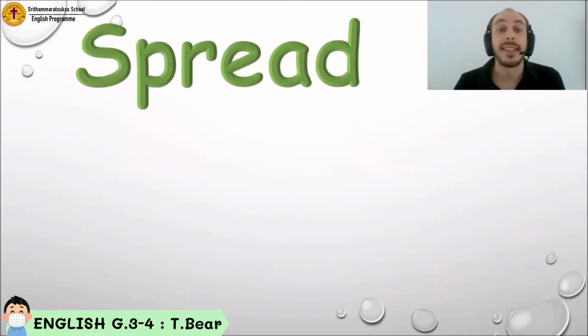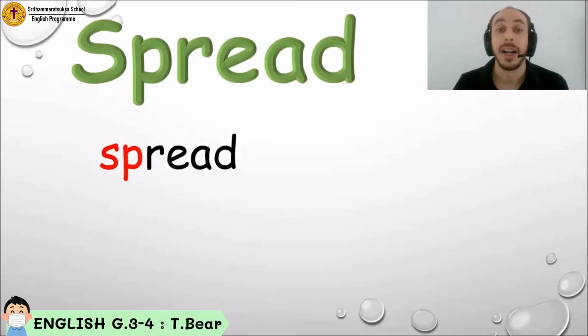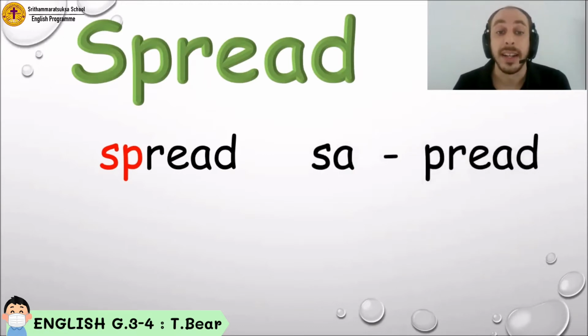Okay? Let's say it together. It's one syllable. Spread. But let's focus on those first two letters, sp. Say that with me. Sp. I know a lot of people might make the mistake of turning this into a two-syllable word. Incorrect.